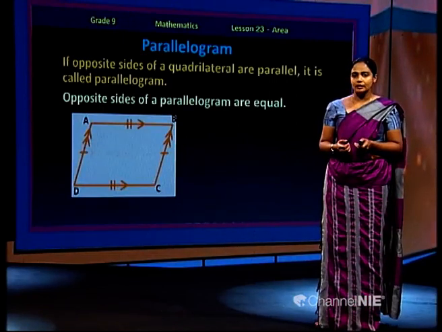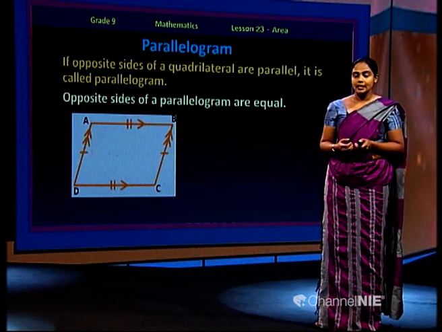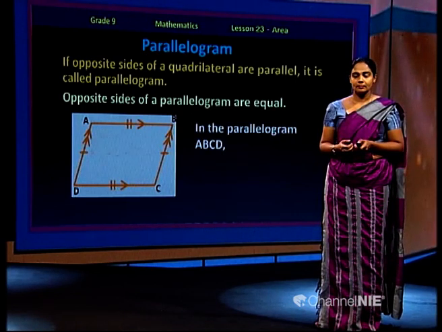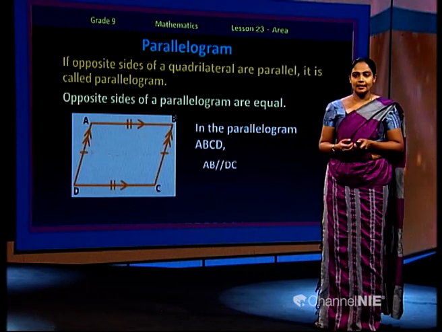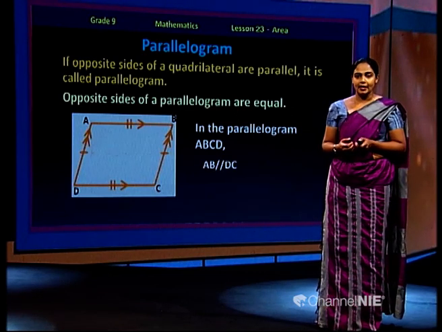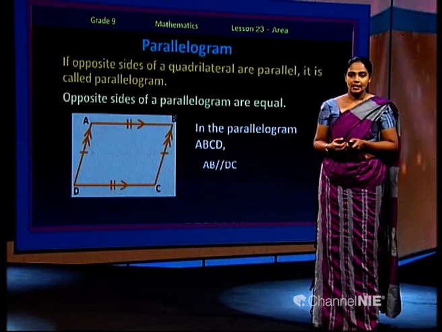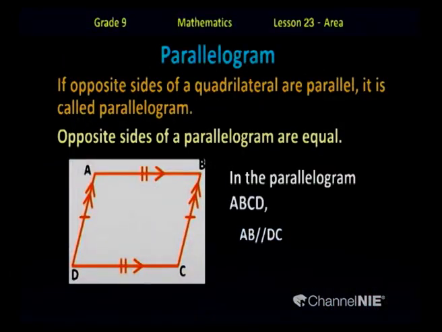Now we are going to find out the area of the parallelogram. In this parallelogram, we identified parallel sides AB and DC. We can use this symbol: AB is parallel to DC. What is the other pair? It is AD and BC.